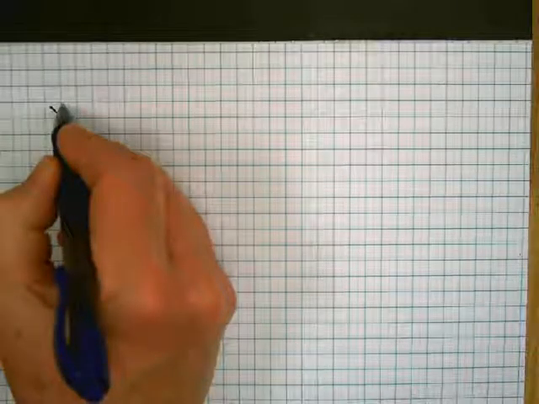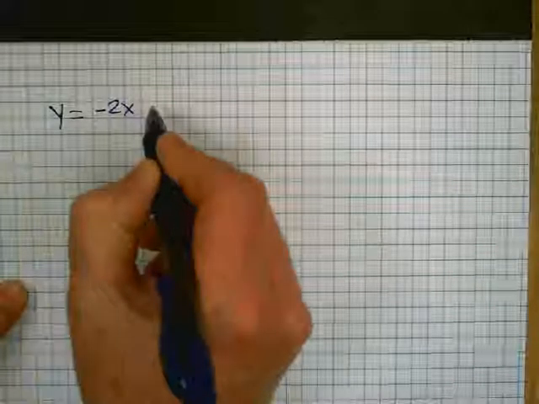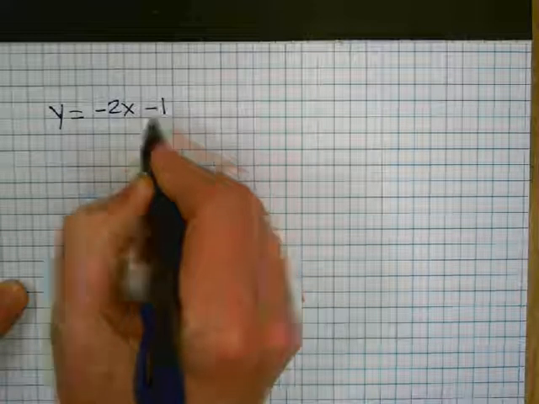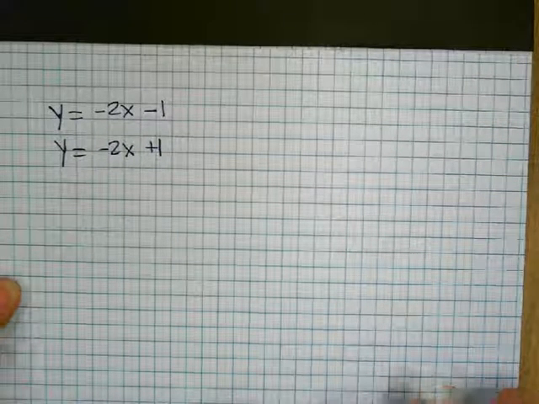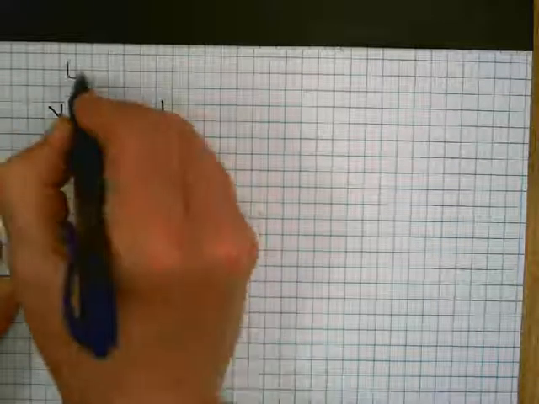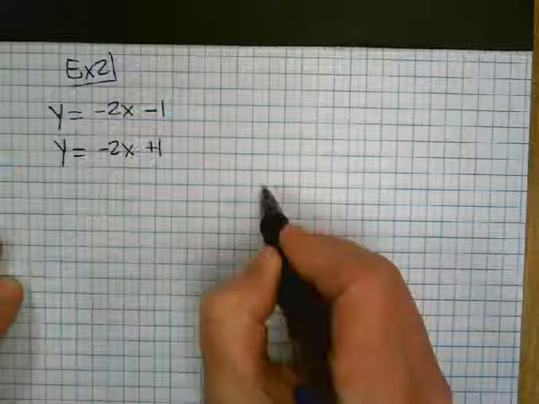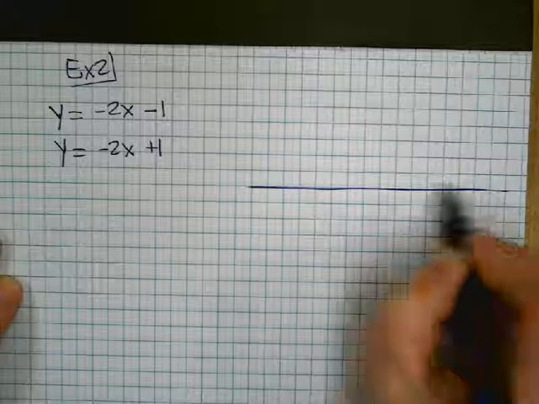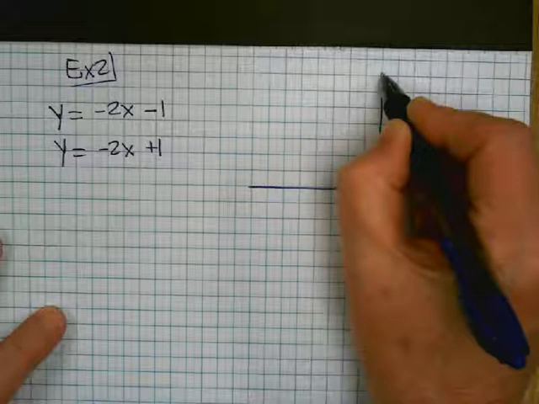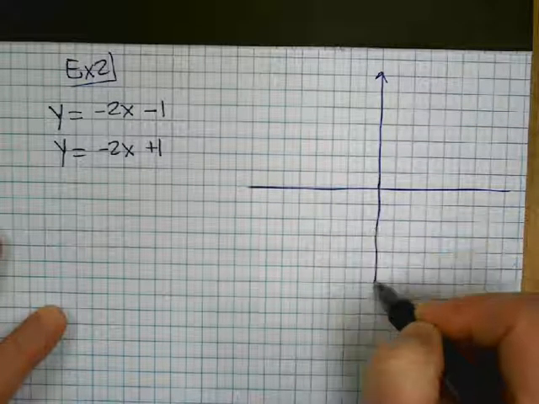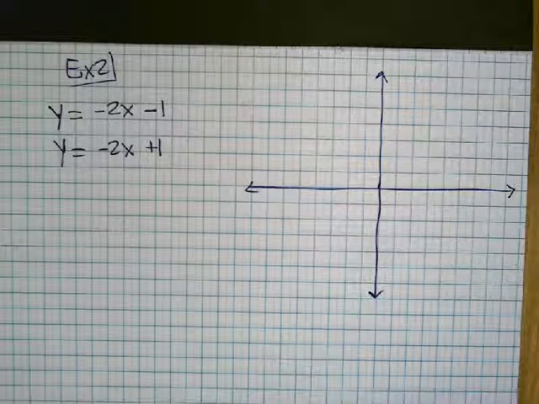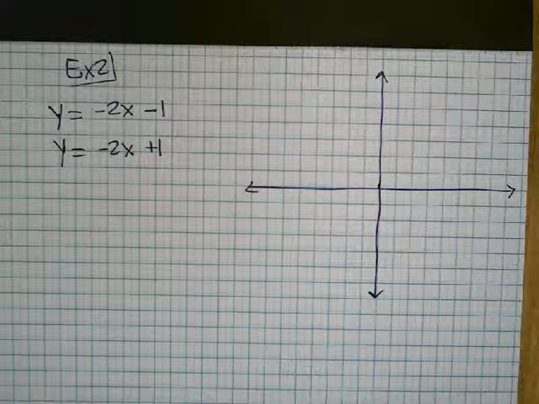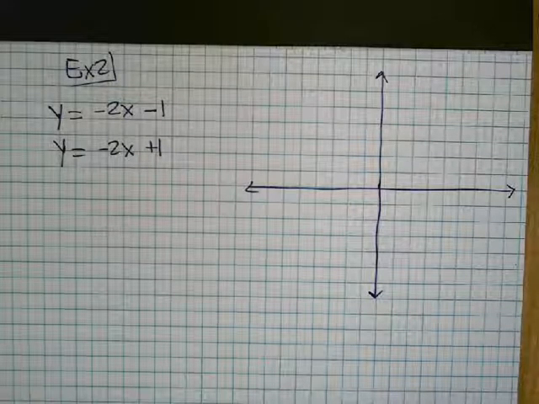It says y equals negative 2x minus 1 and y equals negative 2x plus 1. This is example 2. When you get your answer, would the first number be x or y? X. Okay, let's do this first one.